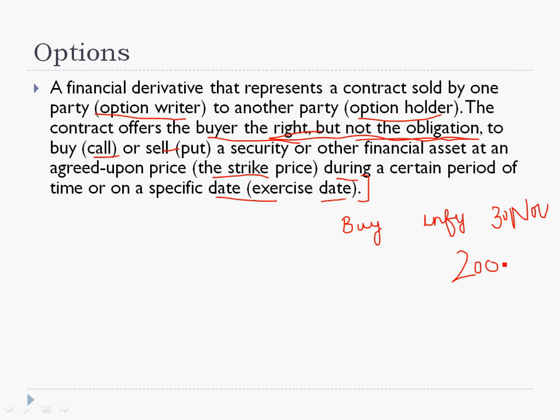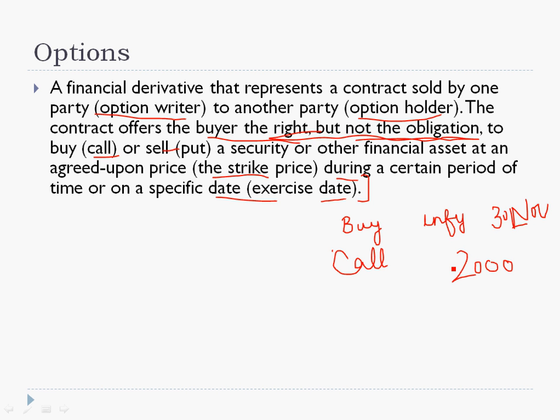Somebody is writing this call option for me. So this is a call option because I want to buy. Now on 30th November, I have the right either to exercise this option or not to exercise this option. I am not obliged to do so, but the writer of the option is obliged to do so in case I want to exercise this option.